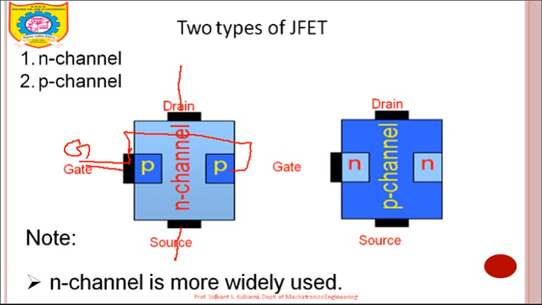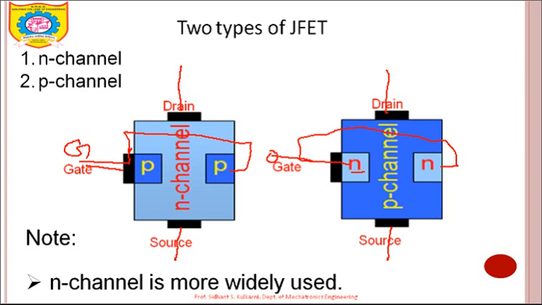Now in the next diagram it is a P channel. Here also two N type regions are internally connected, and one terminal is drawn from them, the gate. What is the difference? In the earlier case two P regions were taken to construct the gate; here two N regions are taken to construct the gate, and one P region is taken, with two terminals derived from it, source and drain.